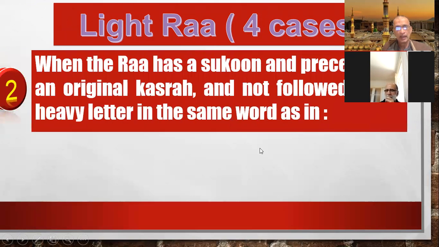Number 2 about light ra: when the ra has a sukun and is preceded by an original kasra and not followed by any heavy letter in the same word.